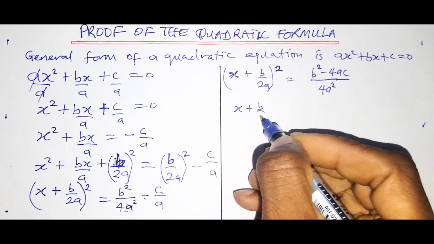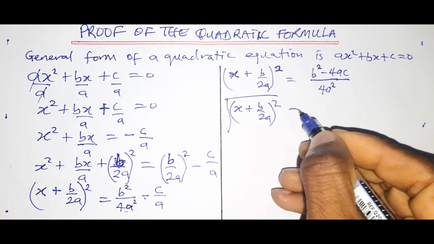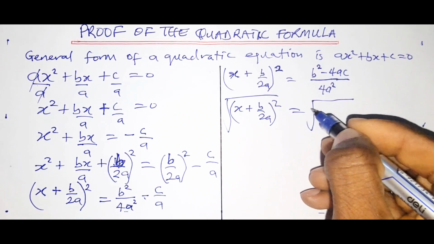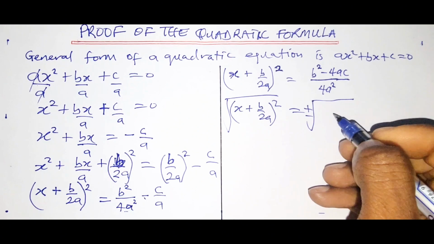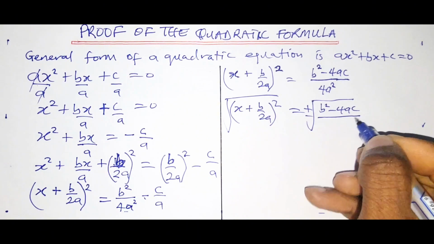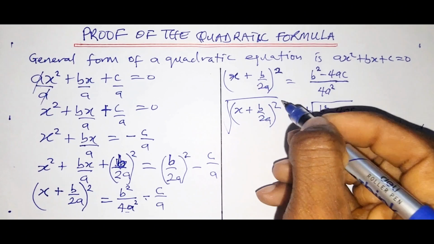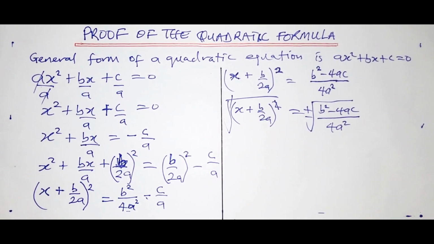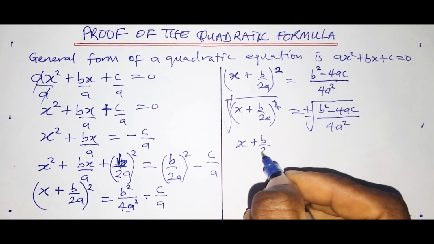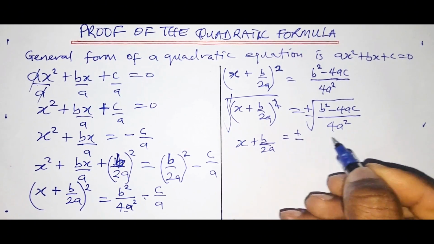When you do that, you have b all over 2a all squared in their square root equal to the square root also of, and also don't forget to add the plus and minus in front of, b squared minus 4ac all over 4a squared. By so doing, these two here will cancel out the square root sign. Yeah, and you have x plus b all over 2a equal to plus or minus.